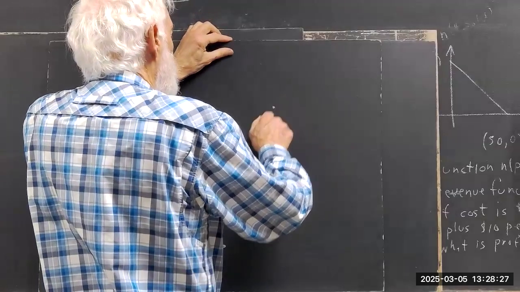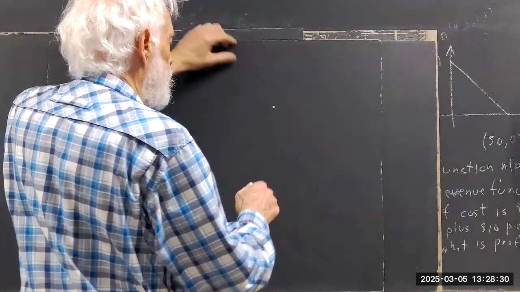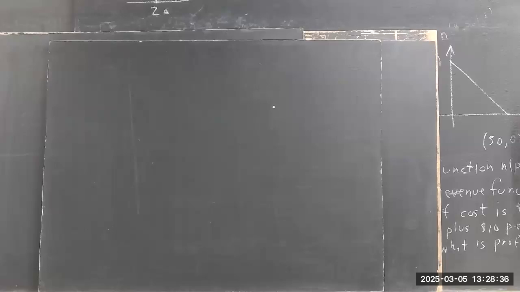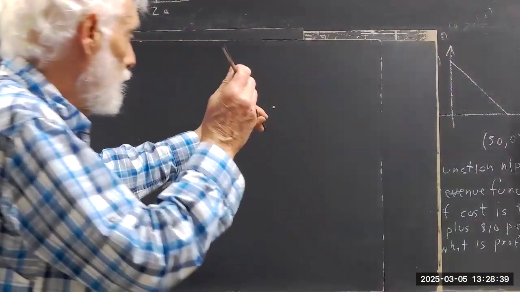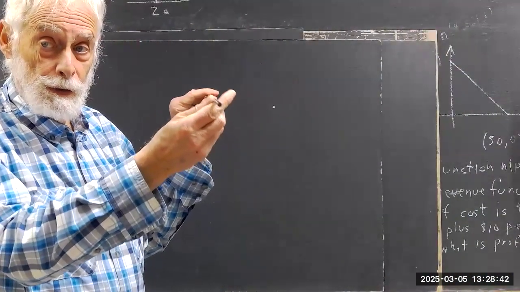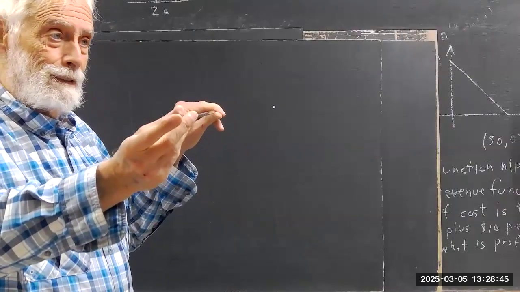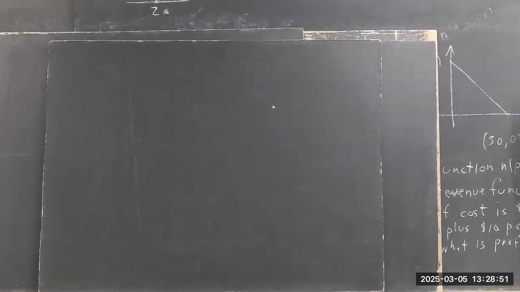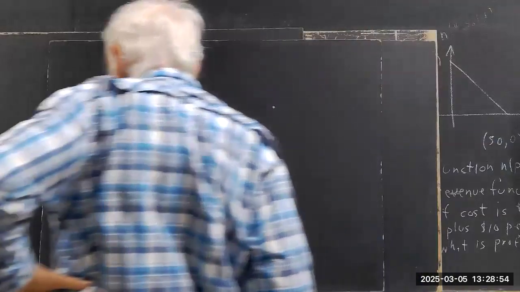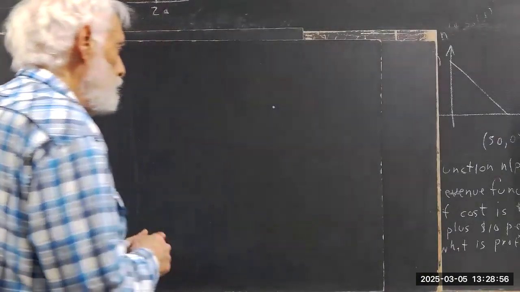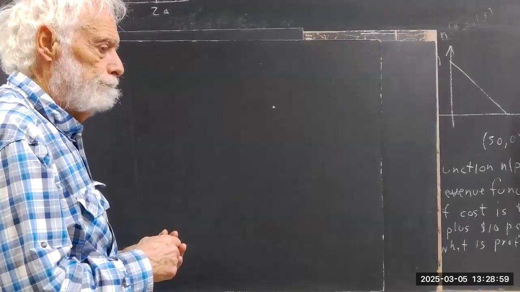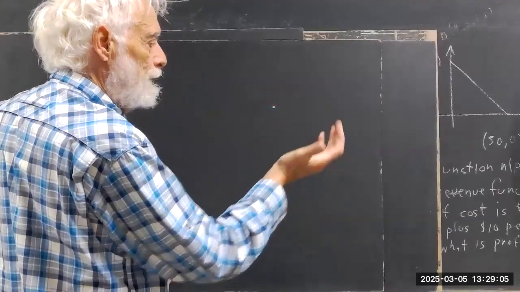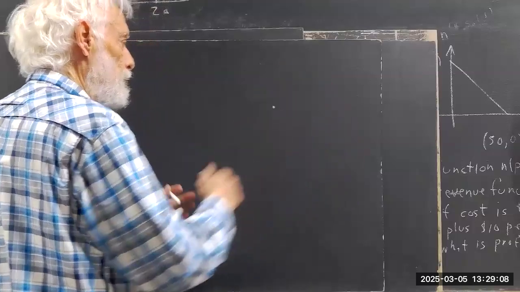If you've got a current carrier and you're looking at it end on, so all you see is the end of the thing, and if the current is out of the board, then the magnetic field is going to be in this direction.